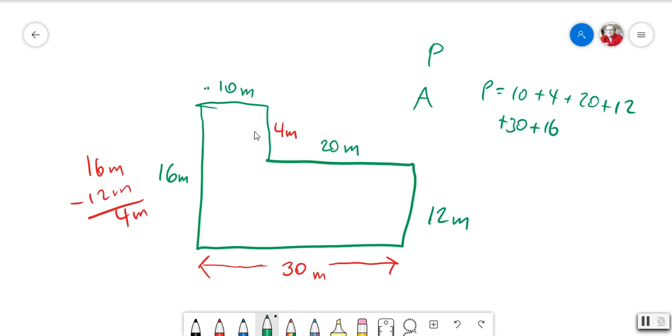I just went clockwise around, counted all my 1, 2, 3, 4, 5, 6 sides. 10 plus 4 is 14. 14 plus 20 is 34. 34 plus 12 is 46. 46 plus 30 is 76. 76 plus 16 is 92. 92 meters. And of course, if you would have wanted to, you could have just set it up like that.